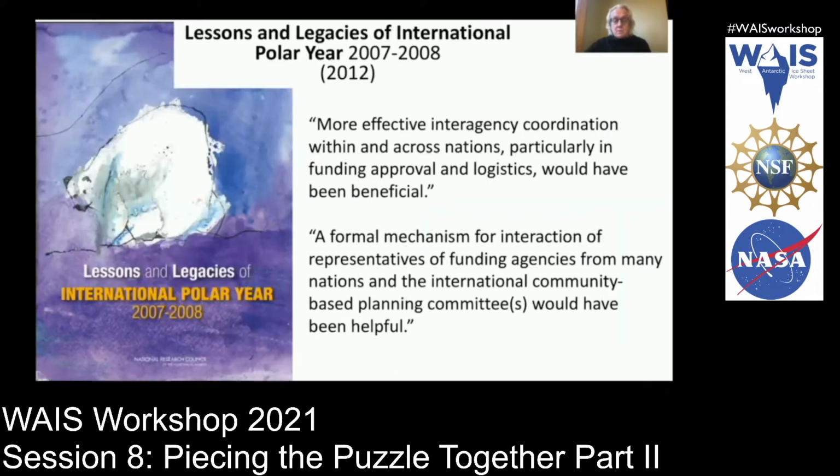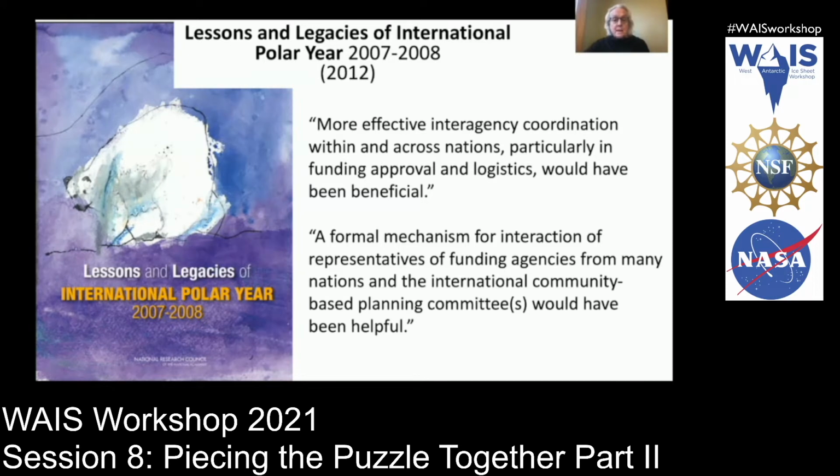So to wrap up, let's consider some of the lessons articulated in the National Academy report for the wrap-up of IPY. Directed to the agencies are these: more effective interagency coordination within and across nations, particularly in funding approval and logistics, would have been beneficial.